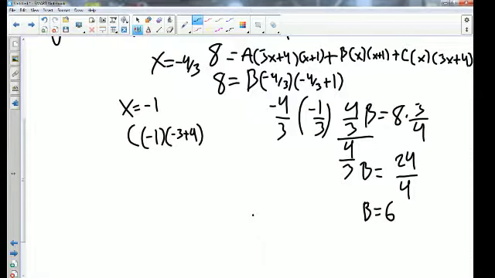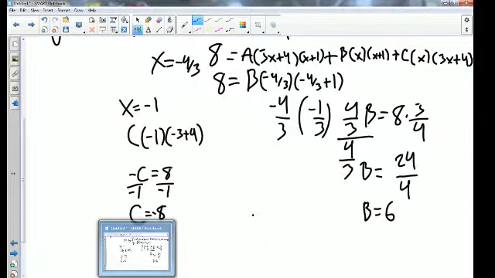So you'd get negative c equals 8, divided by negative 1, so c equals negative 8, sorry.